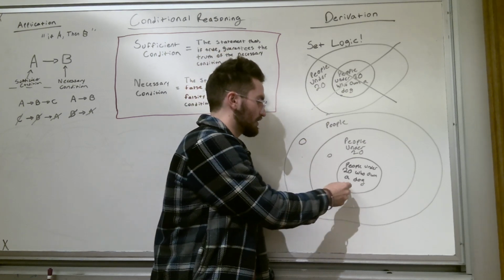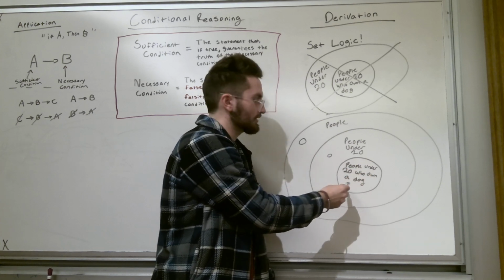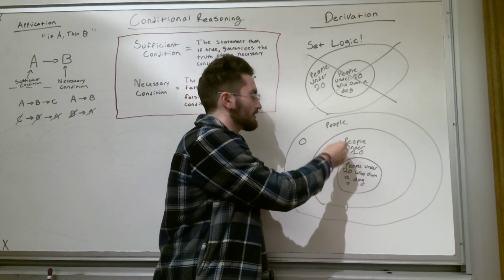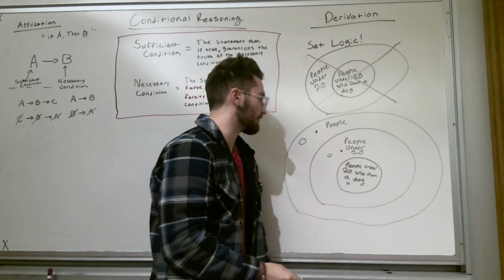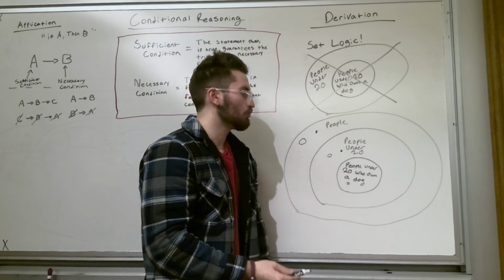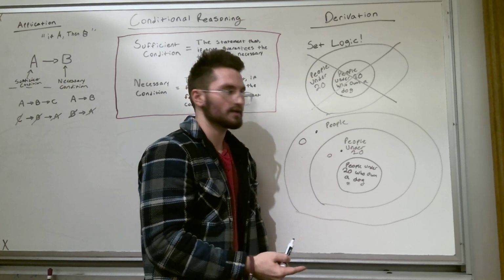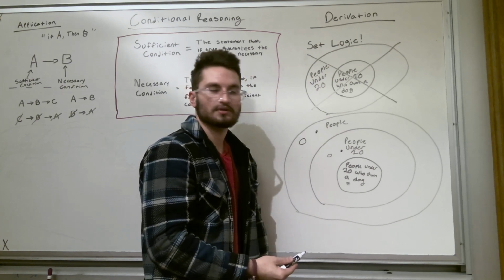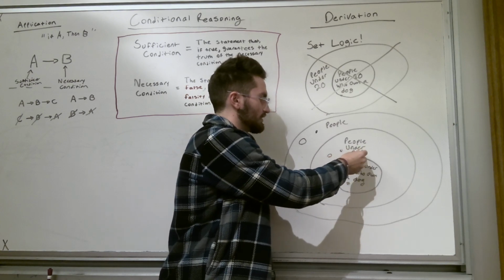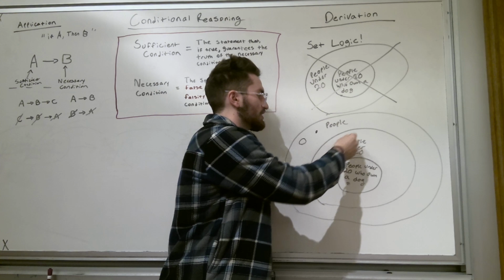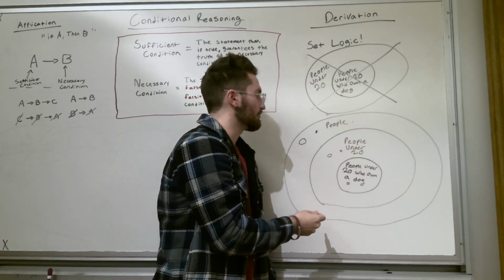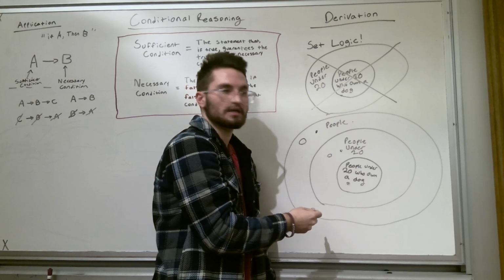Because this right here, being a person under 20 who owns a dog, is a subset of both this smaller superset right here and then this larger superset over here. So if we know you're a person under 20 who owns a dog, we know both that you're a person under 20 and that you're a person. Simply because we know that you are a person under 20 because you're a subset of that. And because being a person under 20 is a subset of being a person in general, we also know that you're a person.